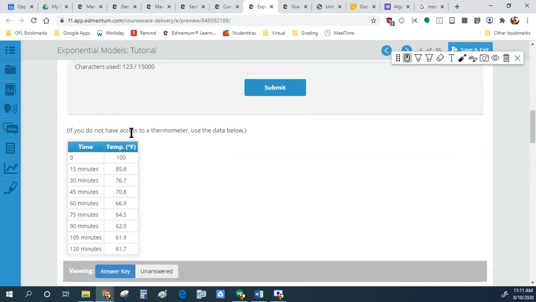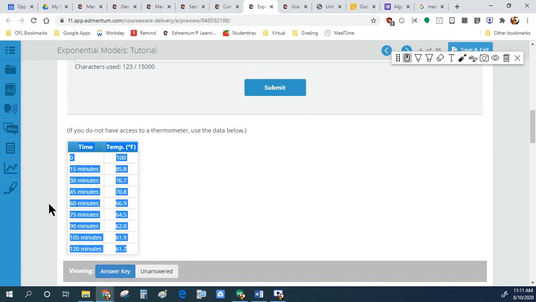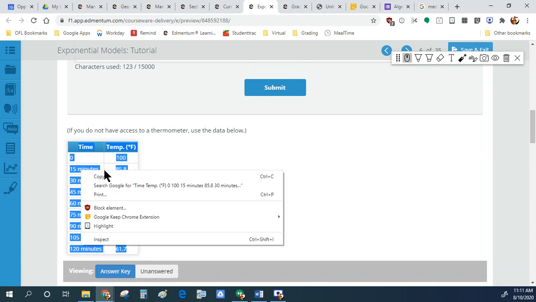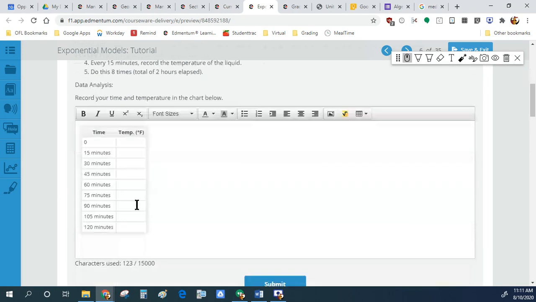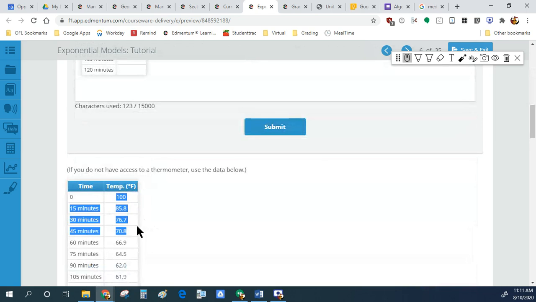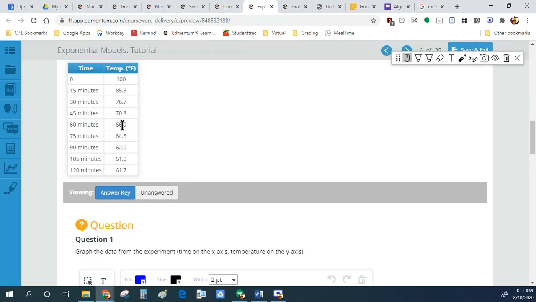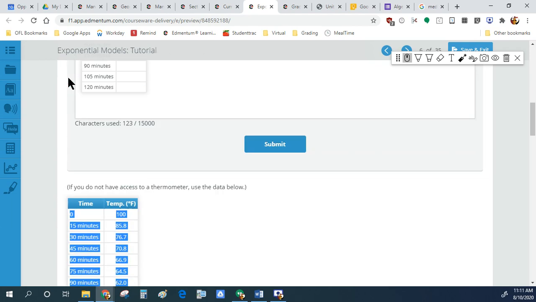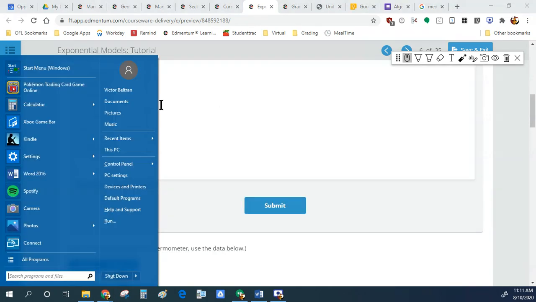If you do not have access, this is what we're going to do. I was going to say we'd just look it up, but they're literally giving us the numbers. They're not letting me copy just that column.